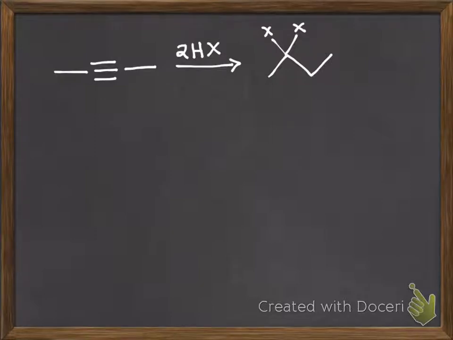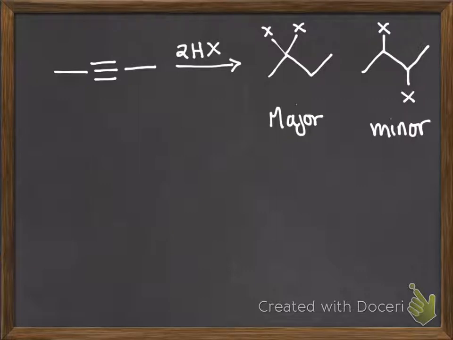One where the X is on one. Yeah, ones where the X's are on other sides. Okay, so this is definitely the minor product. This is your definitely major product. So why does that happen?